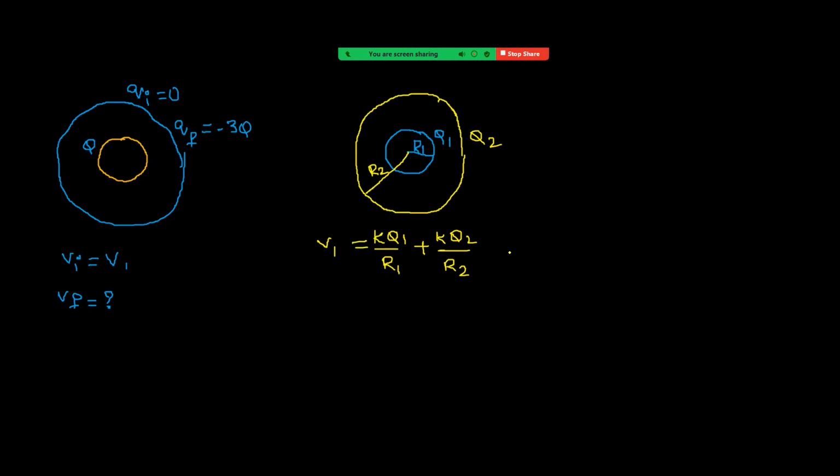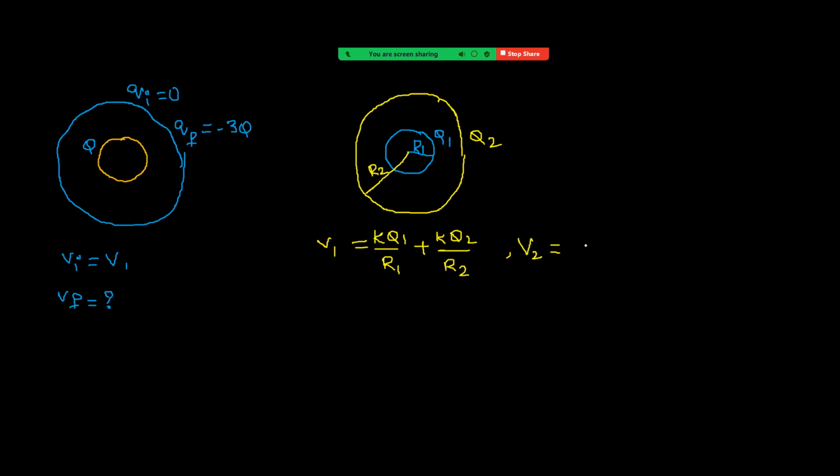Now let us calculate the potential of the outer one. Let us call it V2. See carefully, because of Q1, this is now an outside point. And when you are taking potential outside the shell, we can assume the entire charge at its center. It is just like a point charge.